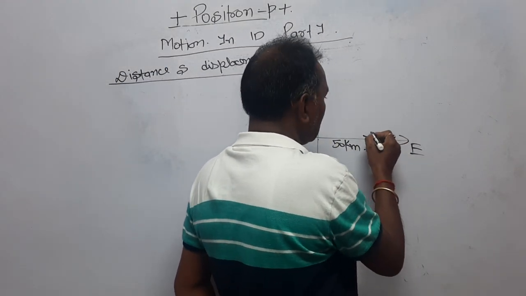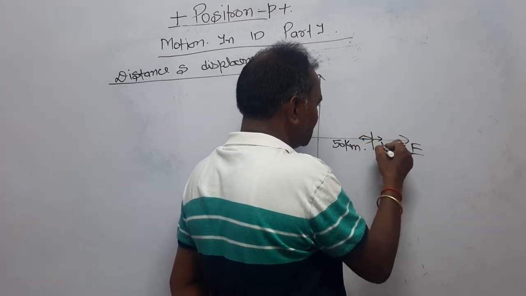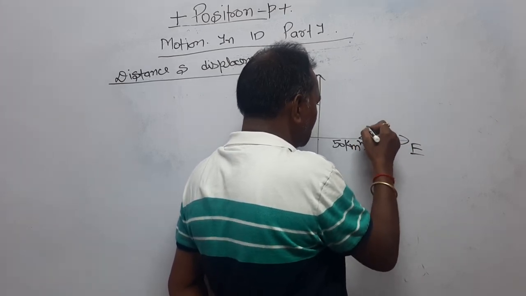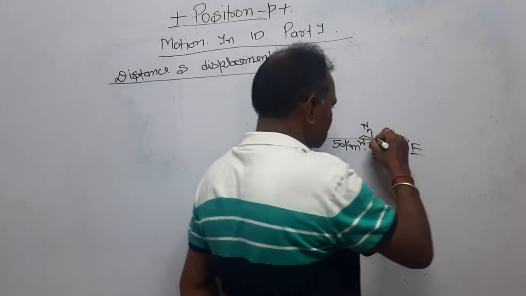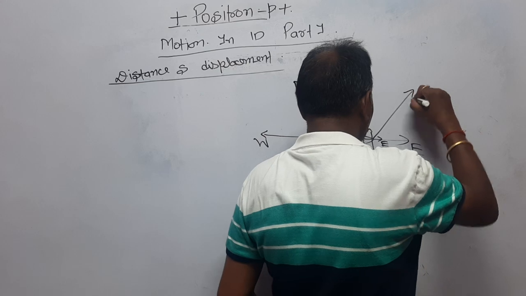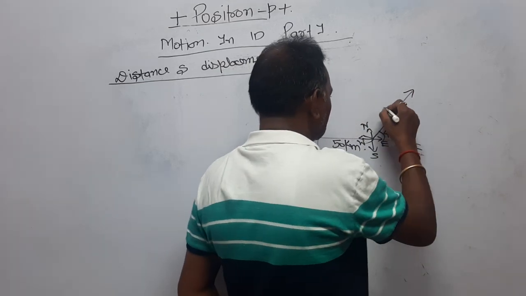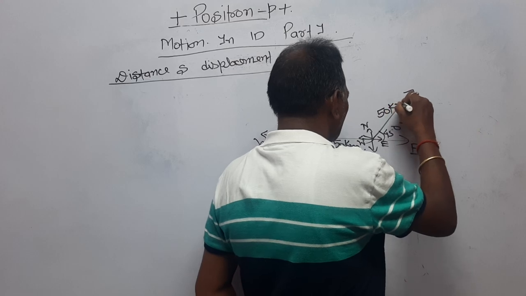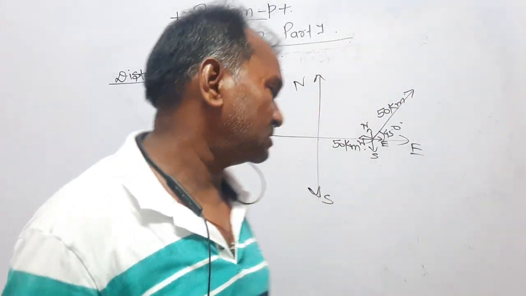Dear student, now just make a small east west, north south, right? Now northeast means just at the mid of this, 45 degree. This is 50 kilometer. Now you have to find out the distance and displacement.